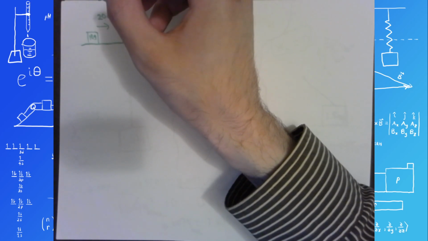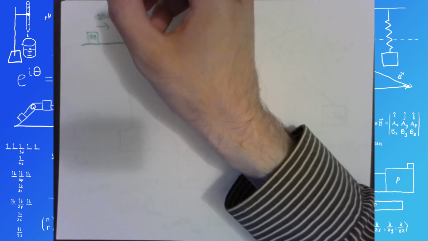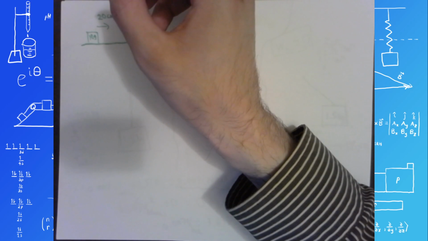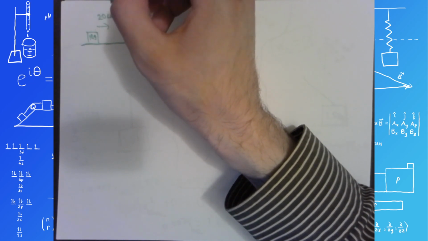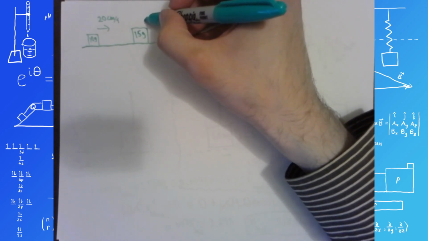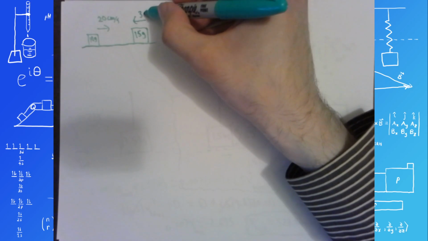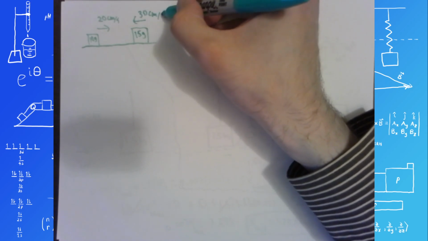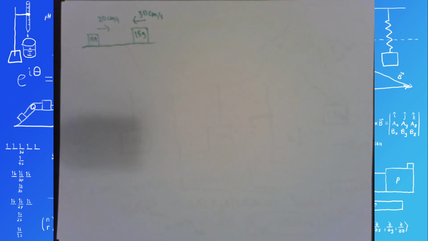Gotta be very careful with those terms. Makes an elastic head-on collision with a 15 gram object moving in the opposite direction at 30 centimeters per second. So 15 gram object moving at 30 centimeters per second in the opposite direction. Find the velocity of each object after the collision.